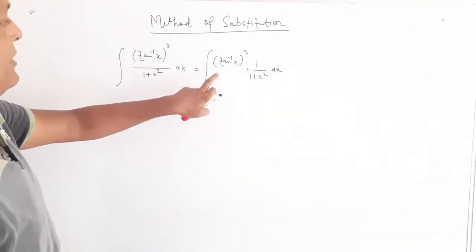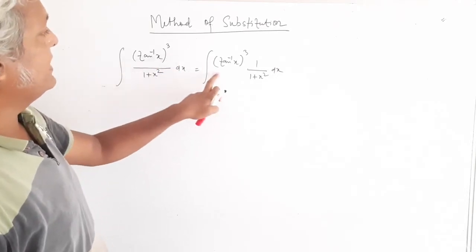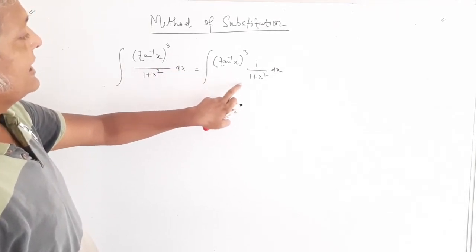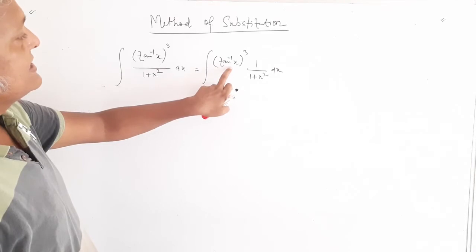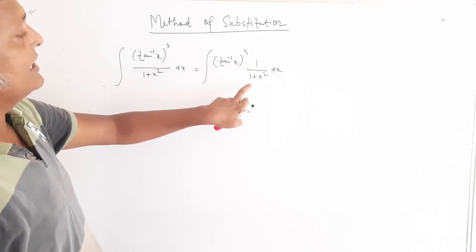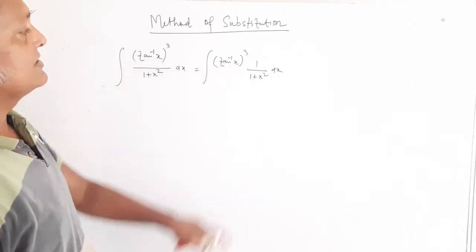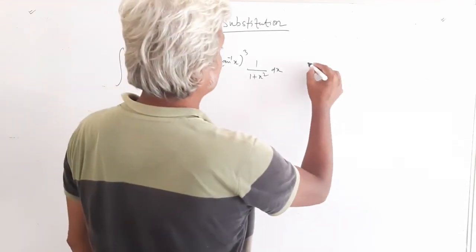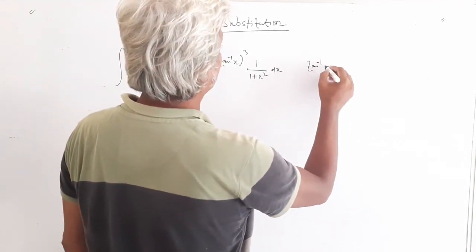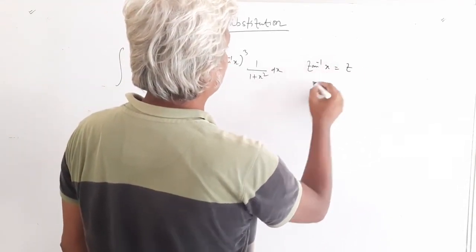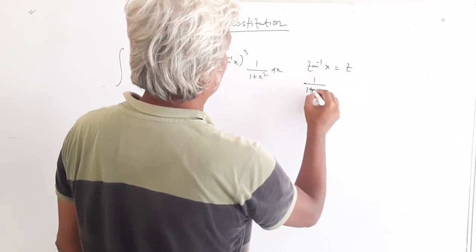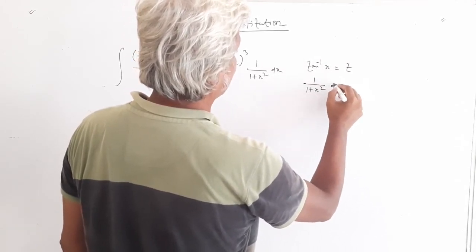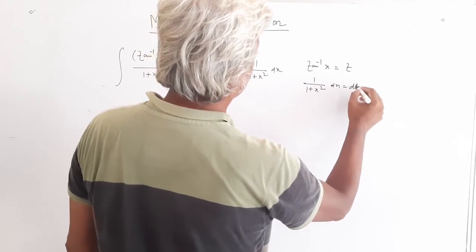Now if you are able to separate this form into this form, then you can directly see that if you take tan inverse x as the substitution, then you'll automatically get 1 plus x square on differentiation. So let's do this. Here I take tan inverse x equal to t, then on differentiation you'll get 1 over 1 plus x square dx equals dt.